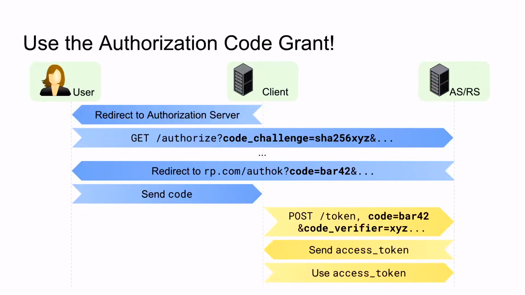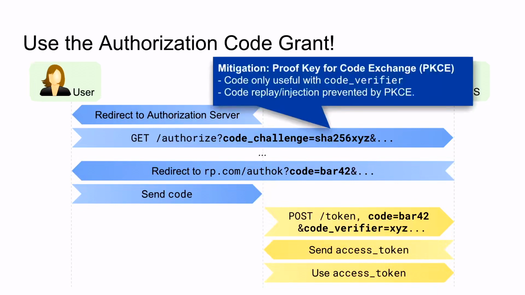Instead, use modern security features that we have for the auth code grant. For example, PKCE, proof key for code exchange. It's a very simple mechanism, actually. In the authorization request, the client sends a so-called code challenge. That is the SHA-256 hash of some random number.